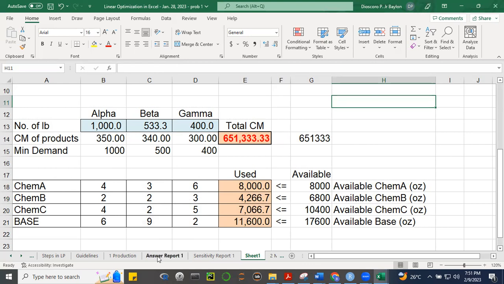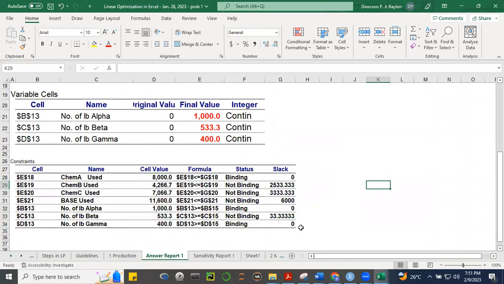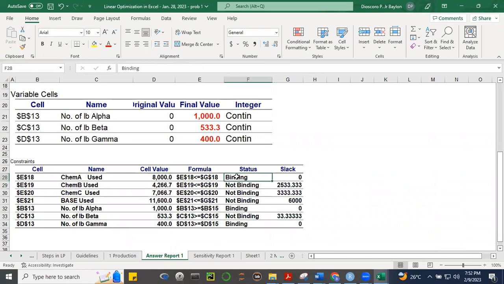Okay, now for the answer report, we have here a column, binding status and slack. Now, when do you have a binding constraint? Notice that there are 3 binding here: binding, binding, binding. Can you figure out when a constraint is binding and when it is not binding?